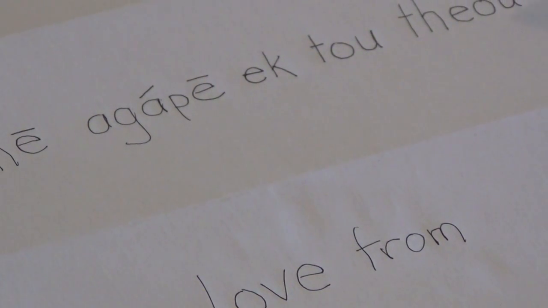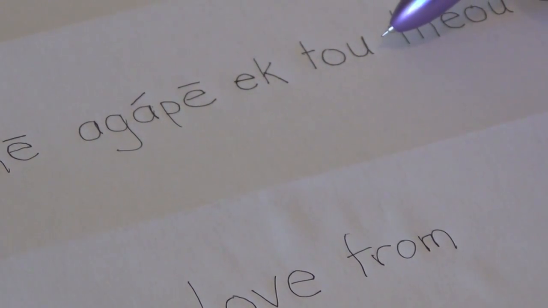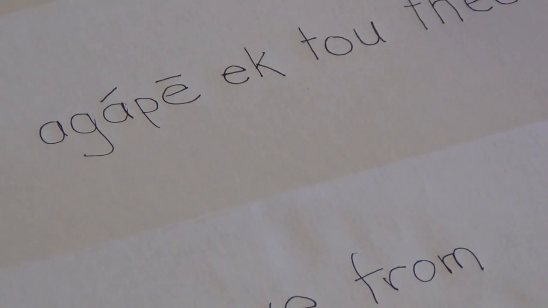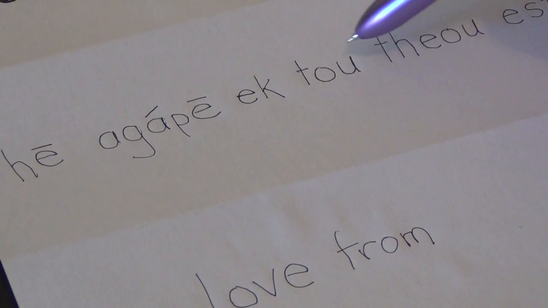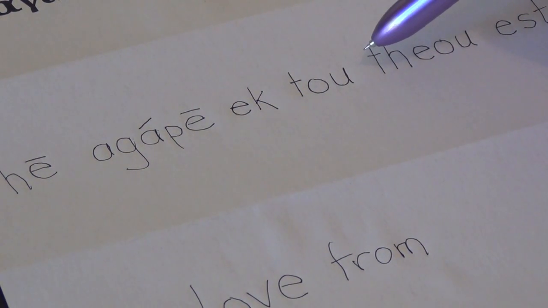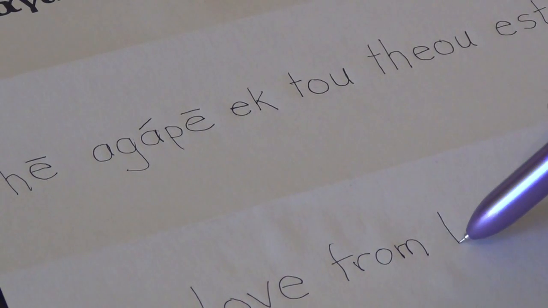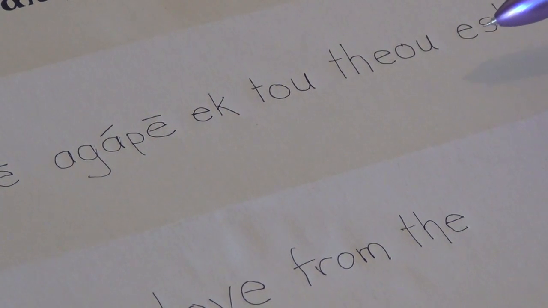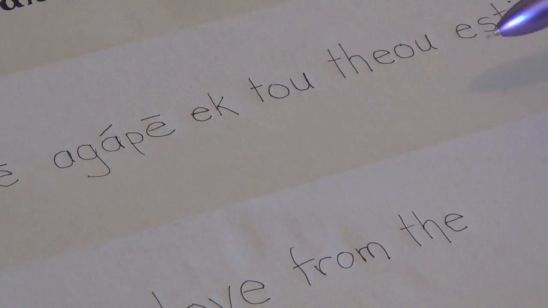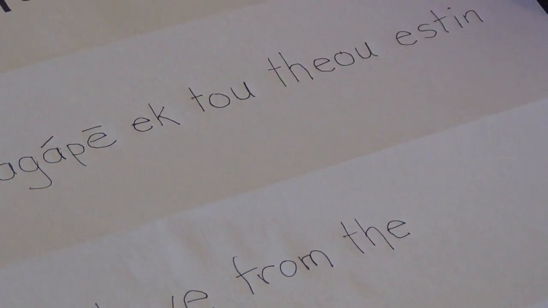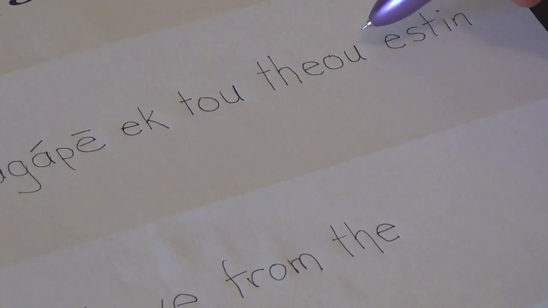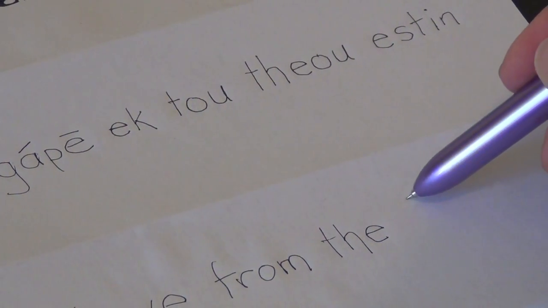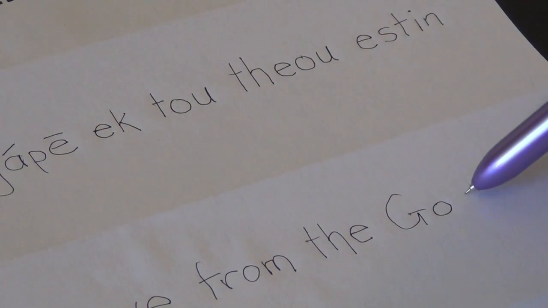Now the next word is tu, and again this is another form of the word the. Again, it's completely different in shape, in letters, but again it's just another form of the word the. And the second last word is again God, but as you can see it has changed its ending, but it's just God.